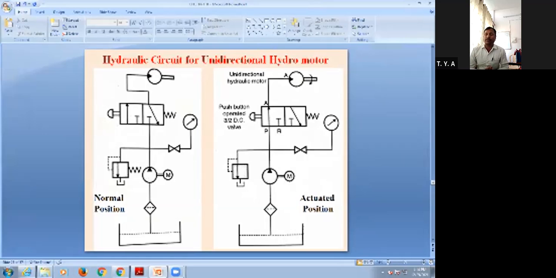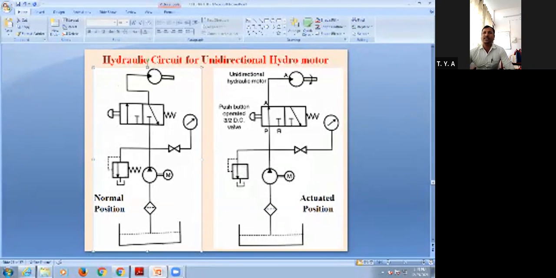Here in the hydraulic motor, we are converting hydraulic energy into rotary motion. Hydraulic motors are classified as unidirectional and bidirectional. So which type of circuit can we develop for these, or how do we develop the circuit?